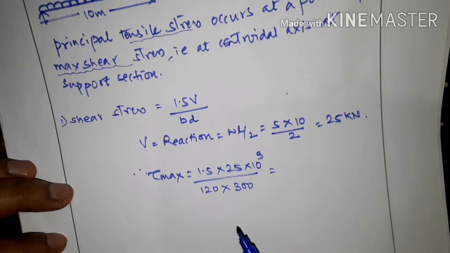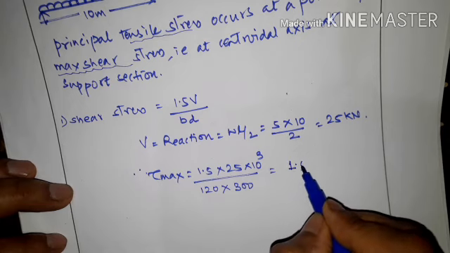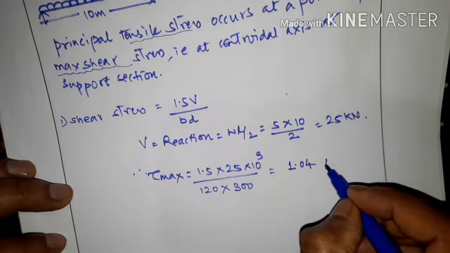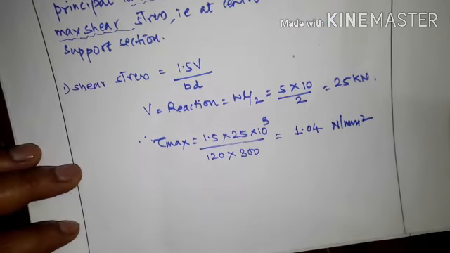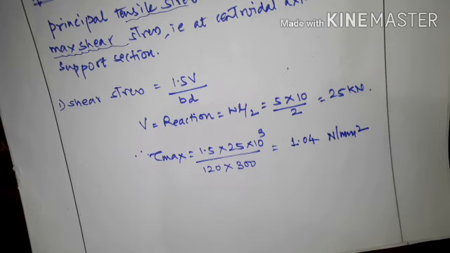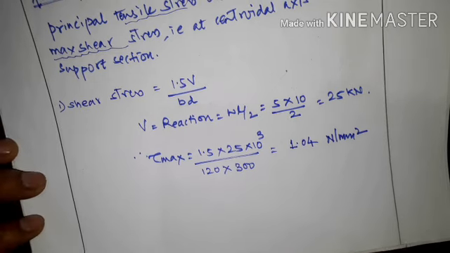So we will get 1.04 Newton per mm square. The maximum shear stress is 1.04 Newton per mm square. Then next is direct stress.